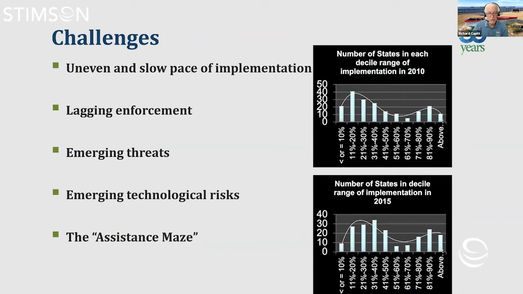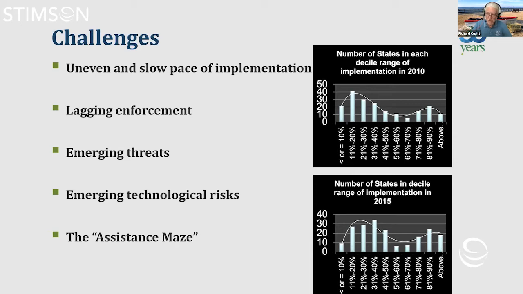Some of the big challenges remain, though. Implementation has made progress, but it's pretty slow, and there's still a long way to go. Enforcement is one of the areas where things lag probably more than adoption of laws. There are some new threats, which is something else the committee has to deal with.